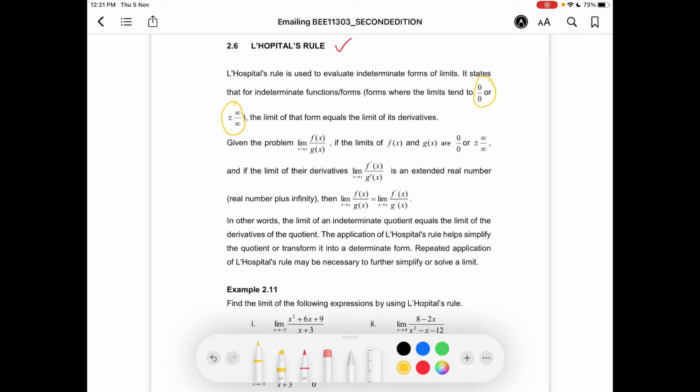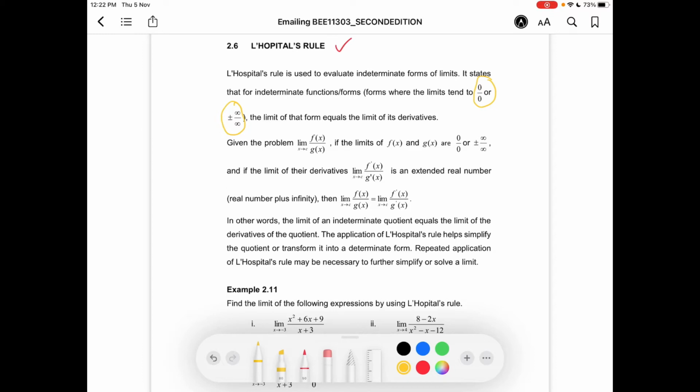Last time when we encountered this kind of problem, we solved it by using specific algebra techniques, for example, factor and cancel method, expanding the binomials, rationalizing method, and so on. You need to refer back to chapter 1 if you already forgot about it, but that's okay.